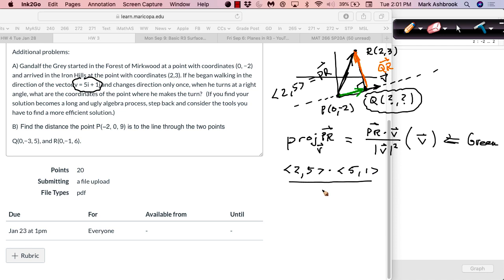Squared is just 26, times vector V, so this is 10, 15 over 26. Check my math. And then I want Q. If I have P and the vector from P to Q, how would I get Q?